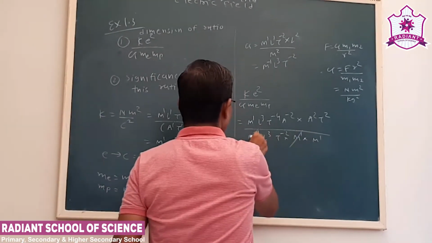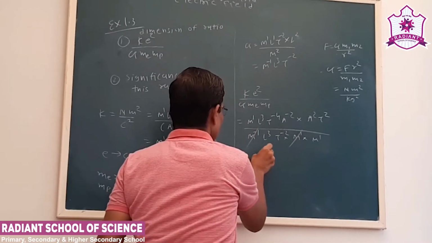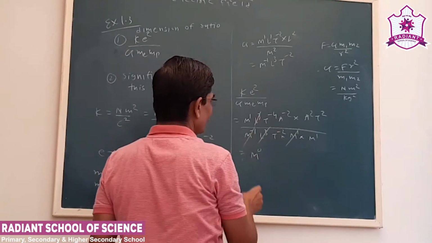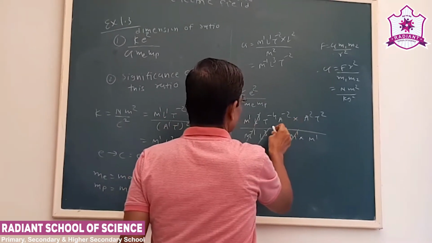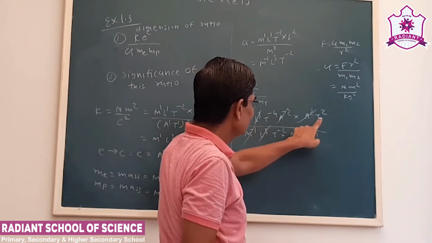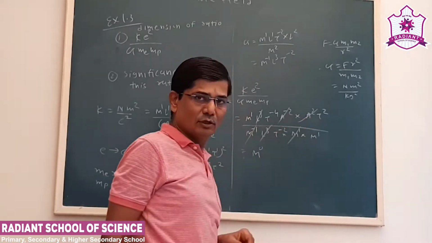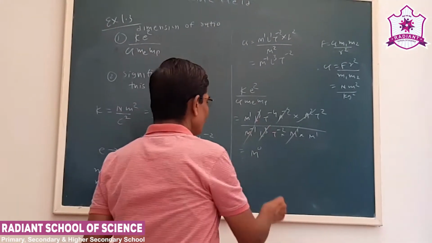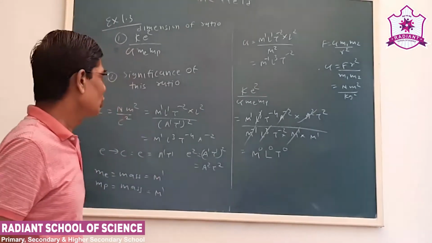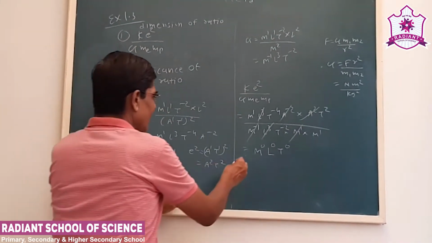See, M1 and M minus 1 cancel, M1 and M1 cancel, M0. Okay. Now L3 and L3 cancel. A2 and A minus 2 cancel. Similarly, T raised to minus 4 and T raised to minus 2, here also power is 2. This will move to the numerator and make T4. T4 and T minus 4 will make 0. M0 L0 T0. So this ratio K E square upon G ME MP is a dimensionless quantity.